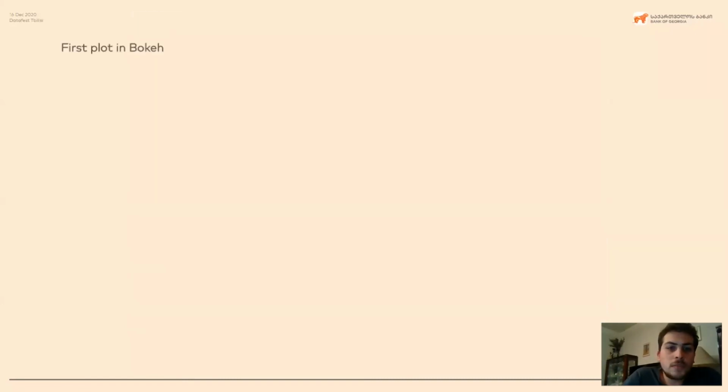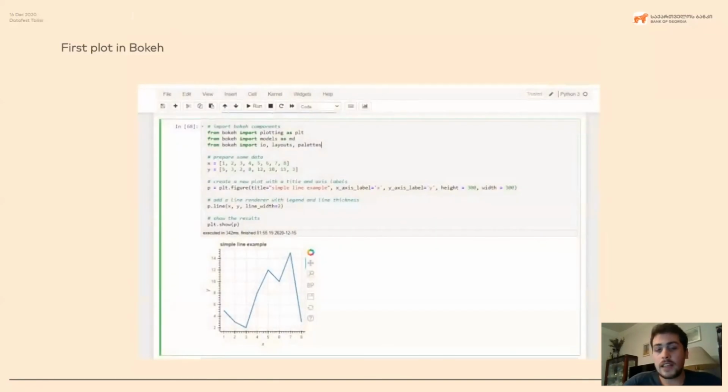So building a basic visualization in Bokeh is very, very simple. I'll show you an example like this with an image. This is a basic line chart, and the syntax here is we just import two main components of Bokeh. This is the high-level component, which is called plotting, and the low-level component, which is called models, and some extra components for I/O, layouts, and palettes.